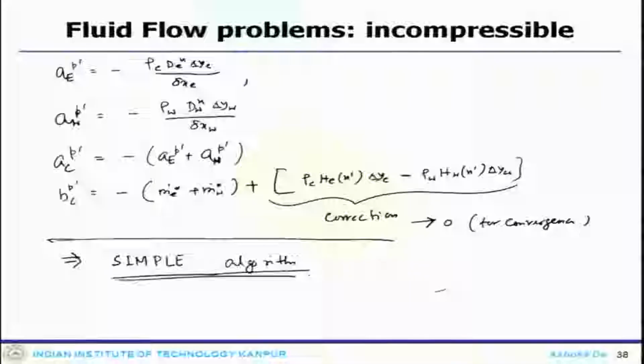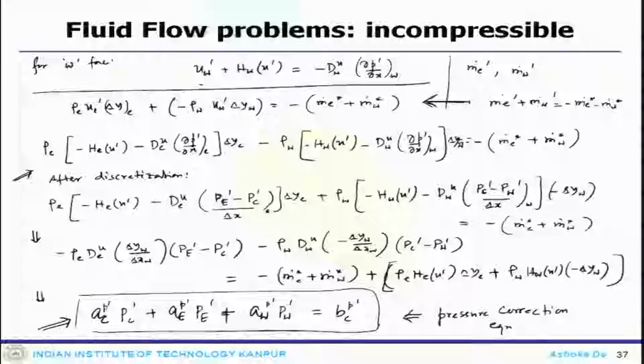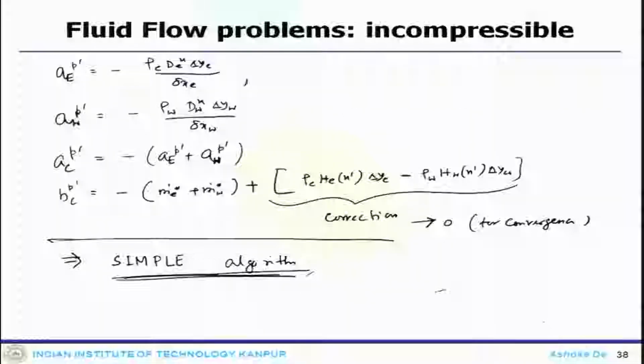So, we have just derived the mathematics, and now we go back and look at the details of that algorithm. Let us look at where we stopped. This is where we derived the mathematics, and we got back this equation, which is the pressure correction equation. So, if you recall, we have gone through this mathematics and got the pressure correction equation.